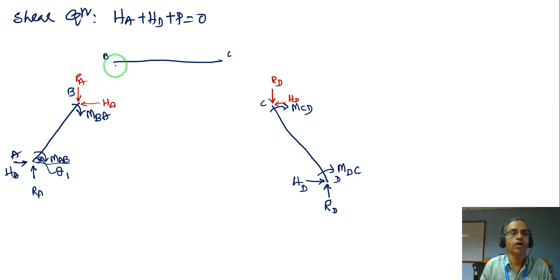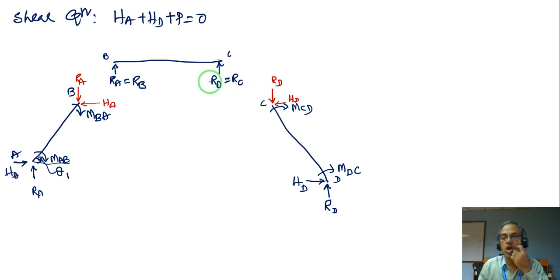So RA downward, there must be RA upward, which is nothing but RB is the same as RA, only then there will be equilibrium. Here RD downward must be RD upward, which is RC. RD is nothing but my RC.